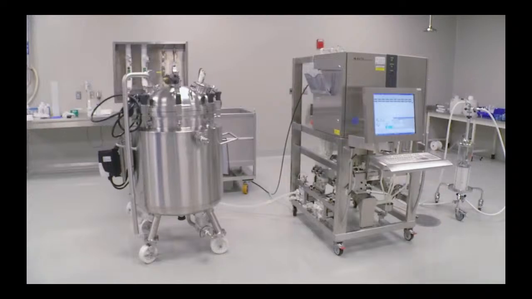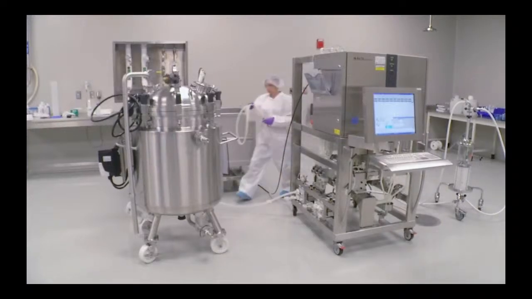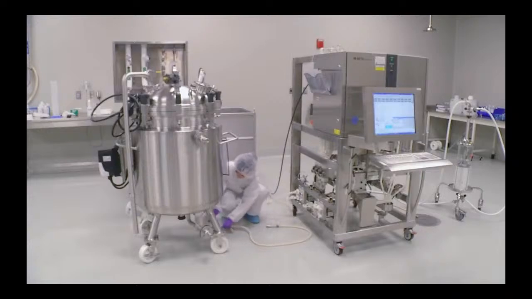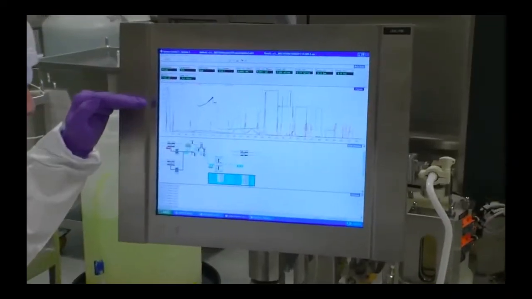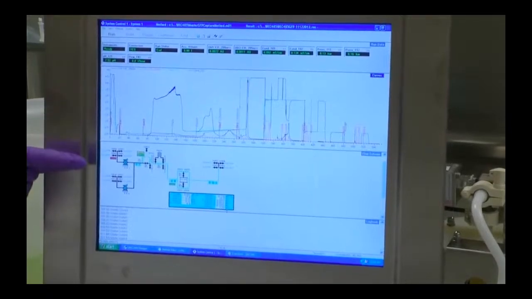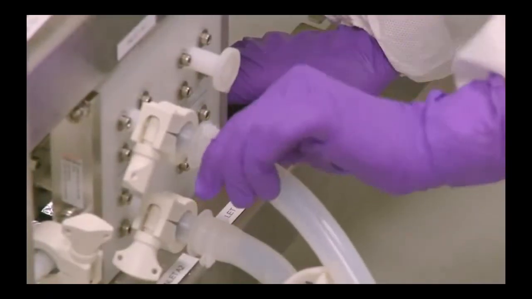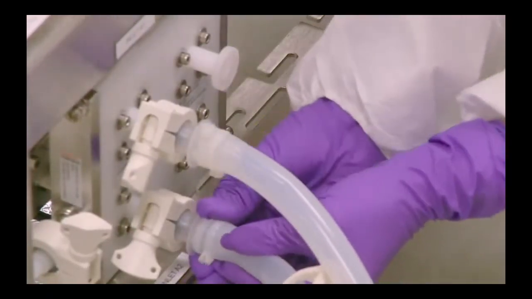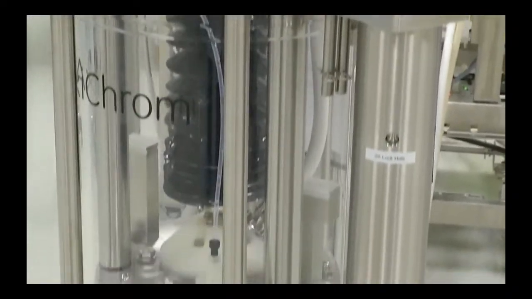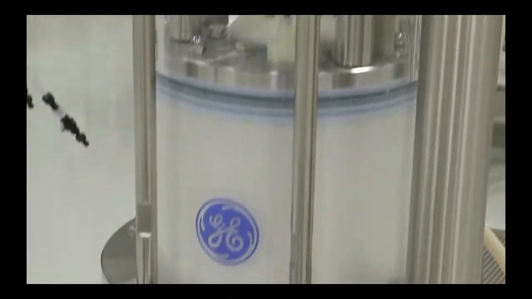It's time to gather everything we'll need for the purification process and ensure that the area and equipment are ready to go. The chromatography skid and TFF system are checked for proper operation. Process hoses are attached and examined for leaks. We verify that we are using the correct column resin and that the resin is properly packed.